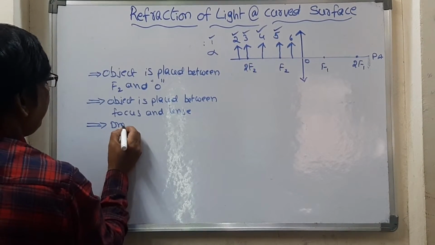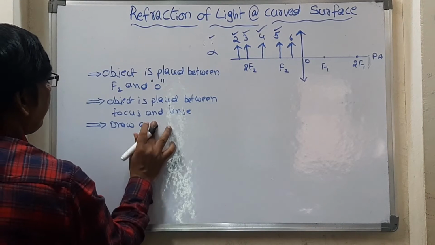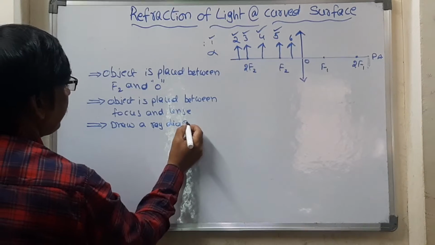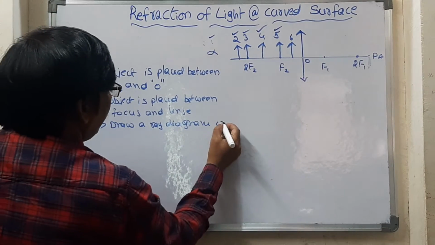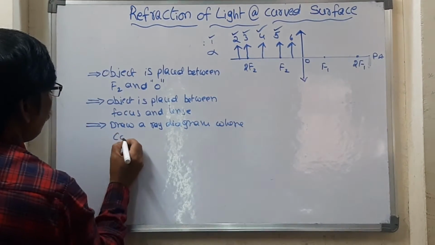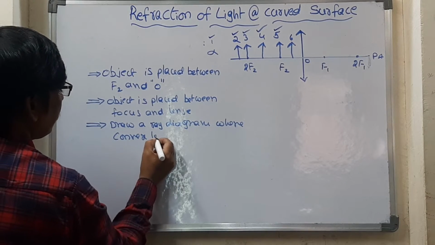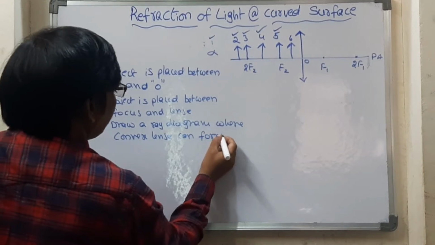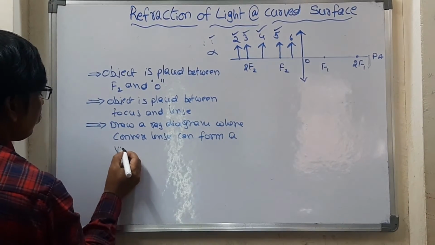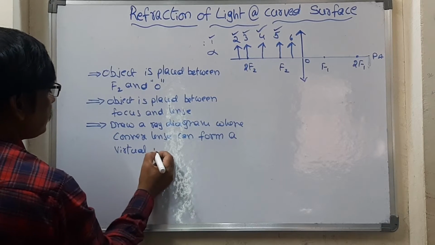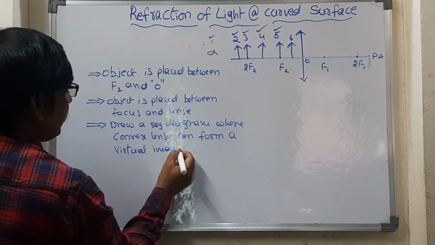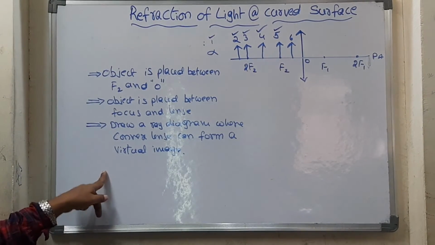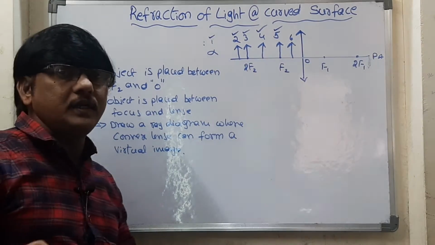Otherwise, draw a ray diagram where a convex lens can form a virtual image. This is a peculiar case. Any one of these situations can be asked. This is a peculiar case where you can see a virtual image.